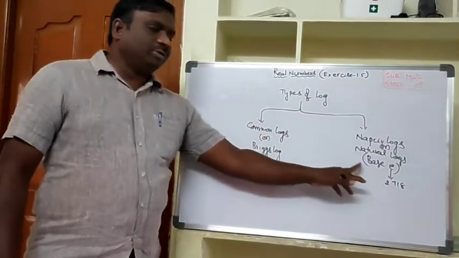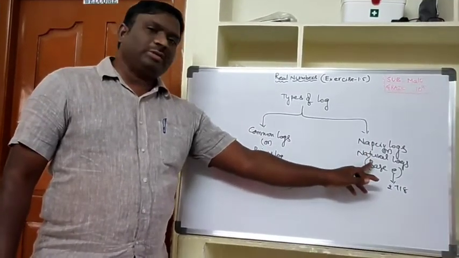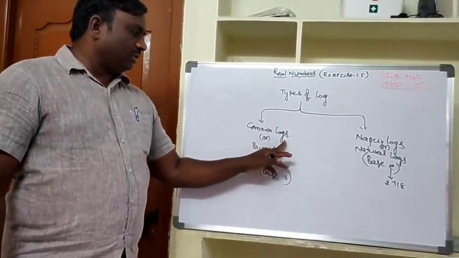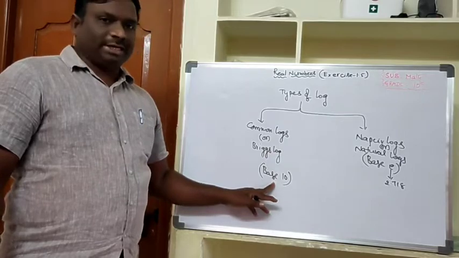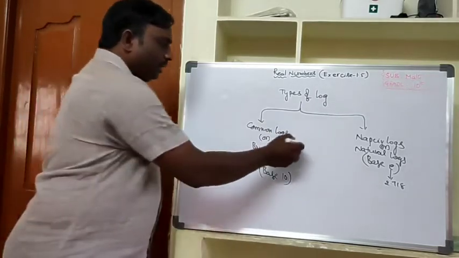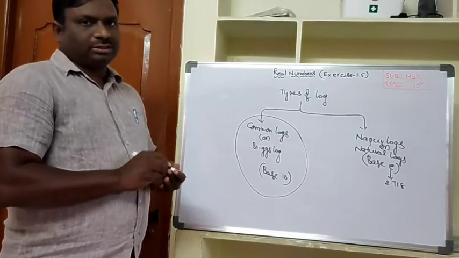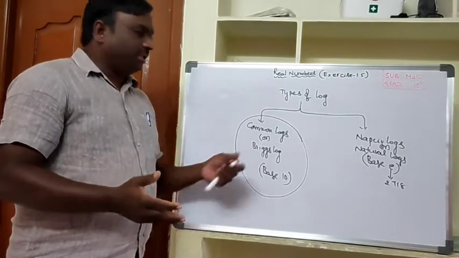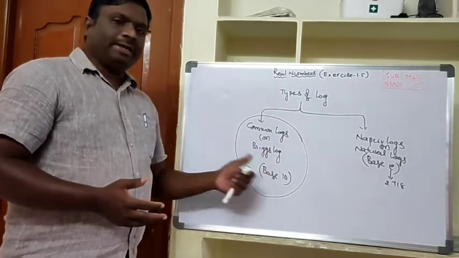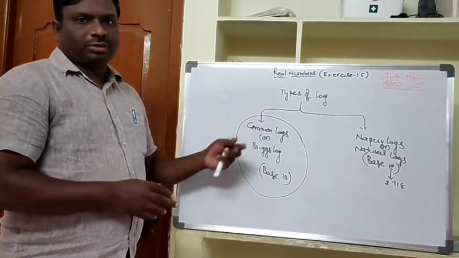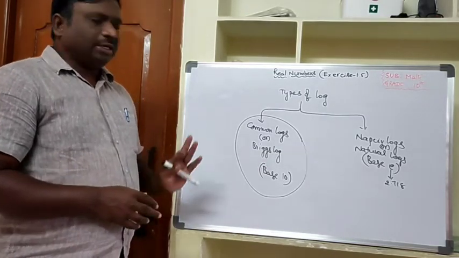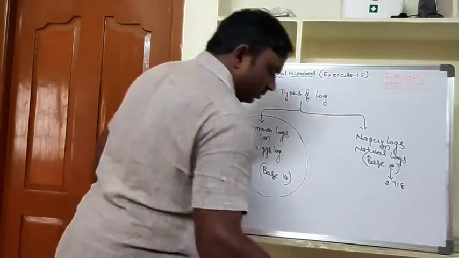When the base is E, those are Napier logarithms or natural logarithms. Common logarithms are Briggs logarithms, and the base is 10. We can use only these values in our 10th class 5th exercise. If there is no base given, we can definitely take it as 10. These are the types of logarithms.